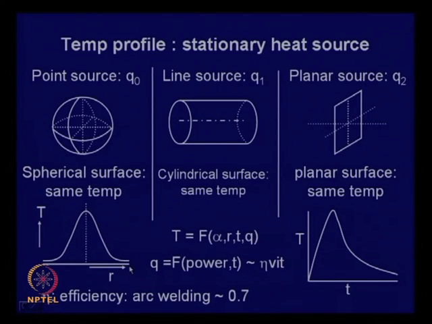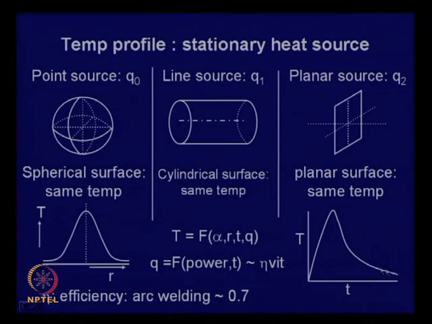Similarly, at any point the temperature will also go up, because we are heating it and then withdrawing the source. So, at a particular point the temperature will go up, reach a maximum, and thereafter go down exponentially, something like this.